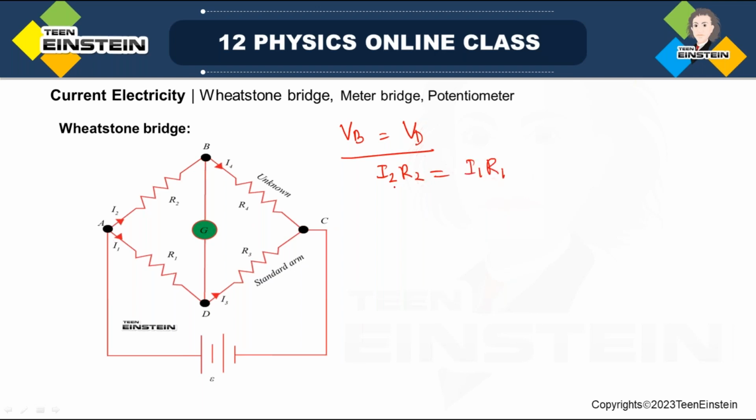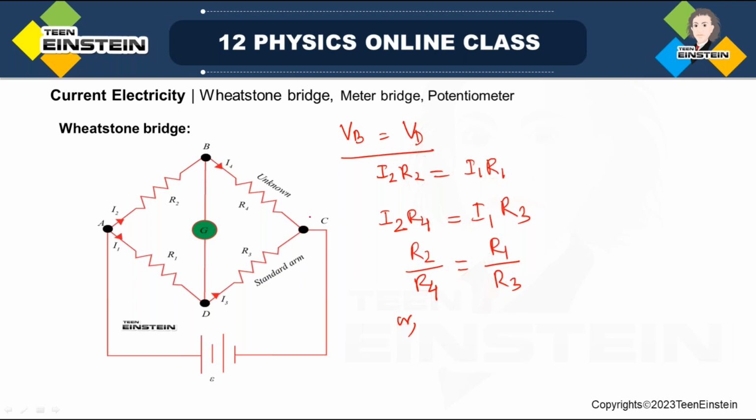Similarly, from here, I can write I2 R4 equal to I3 R3, and I3 means I1, so I1 R3. So now R2 by R4 is equal to R1 by R3.